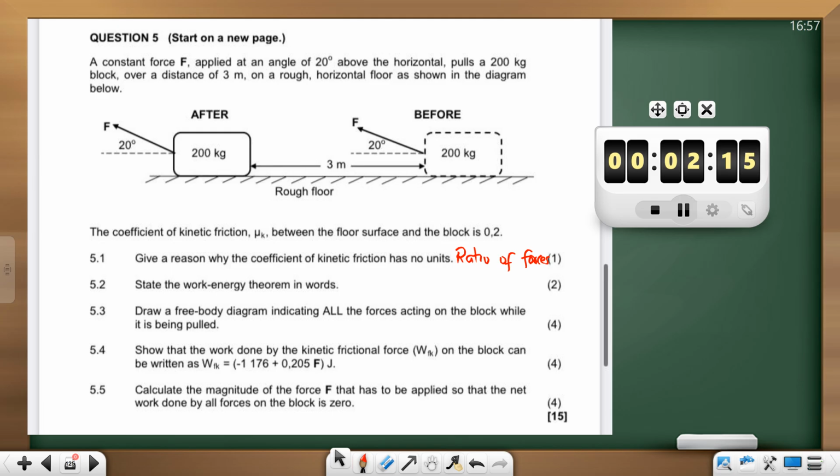What are you checking in your book? What energy theorem? Do you know the formula? Just change the formula into words. What is the formula? You are using the wrong one.